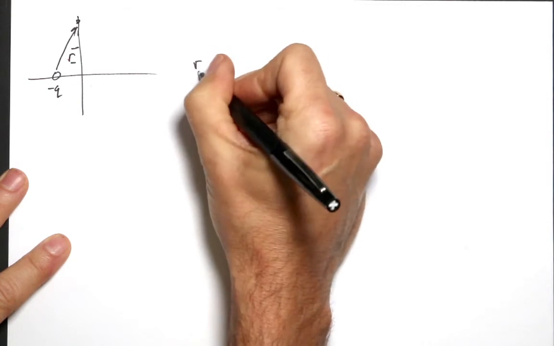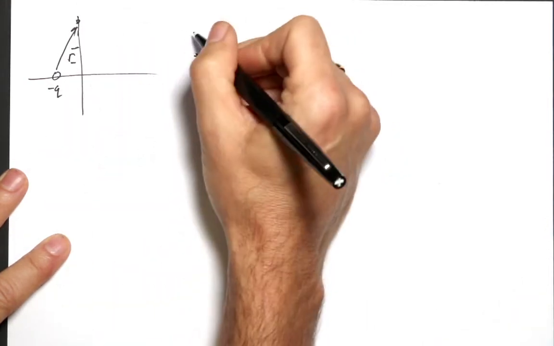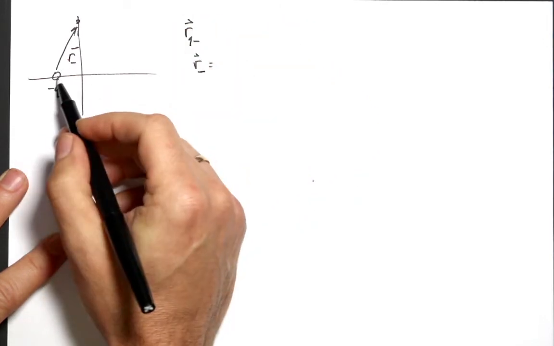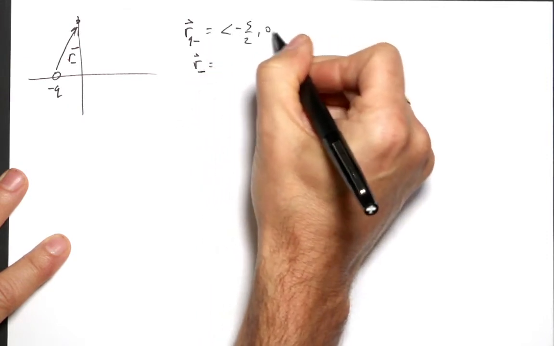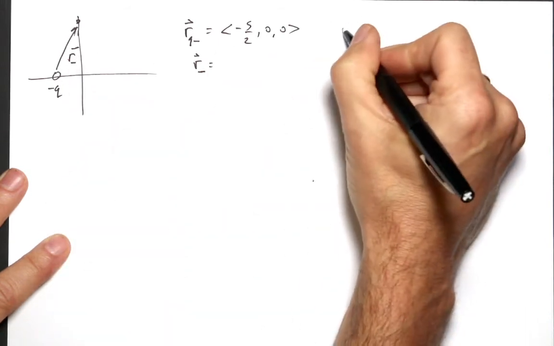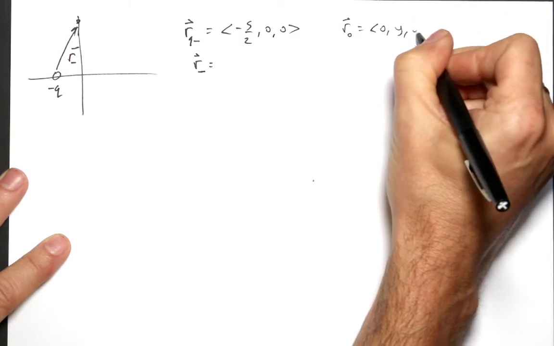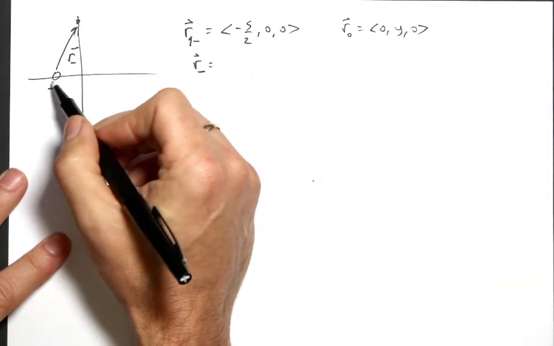So r minus is going to be equal to r, let's write these other things out first too. R Q minus is the vector location of this. It's going to be equal to negative s over 2, 0, 0. And the observation location, R O, is going to be equal to 0, y, 0. So this is going to be the final position, R O, minus the initial of that.